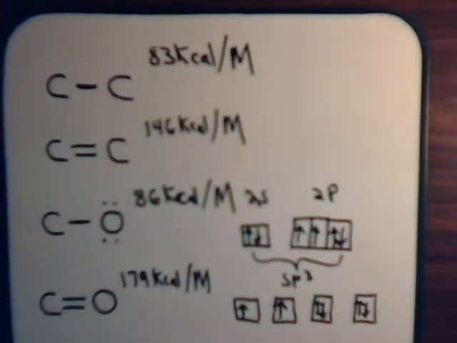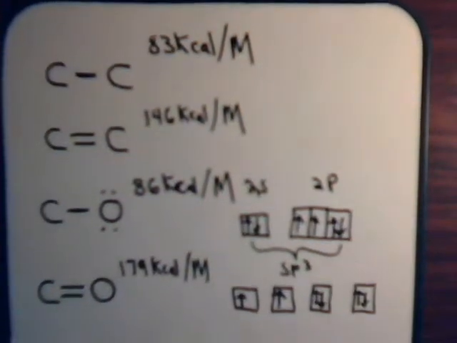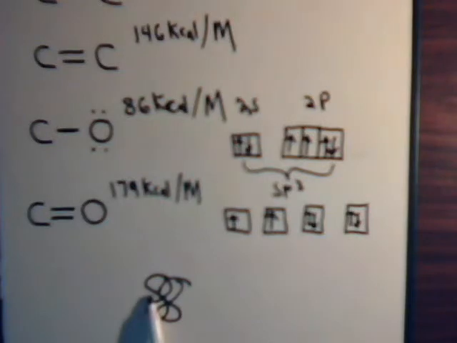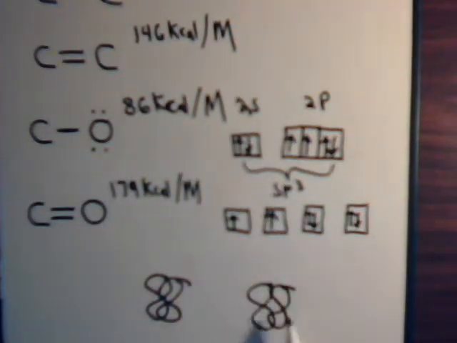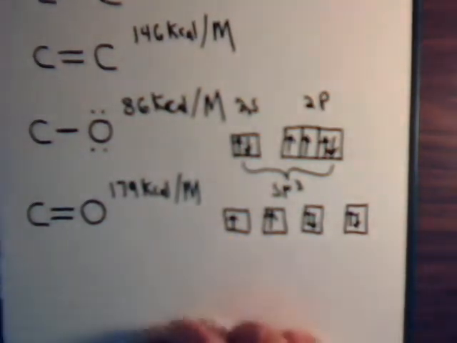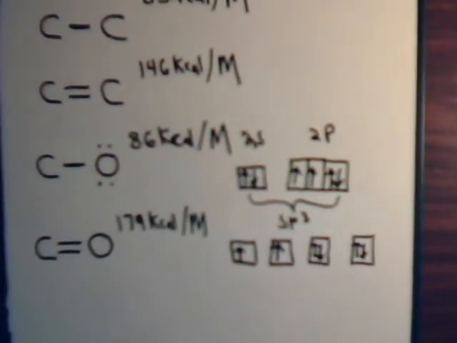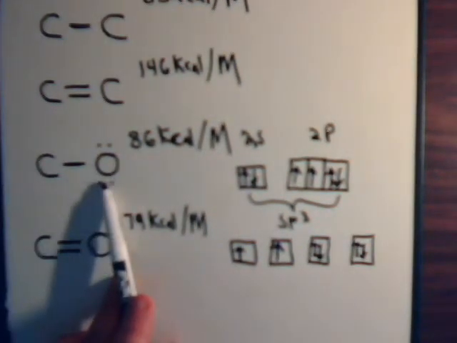Does this mean then that when we have the overlapping p orbitals between a carbon and an oxygen, that somehow the overlap is more effective than if you have 2 carbon atoms? Most likely not. What is happening is that this oxygen atom is sp3 hybridized.